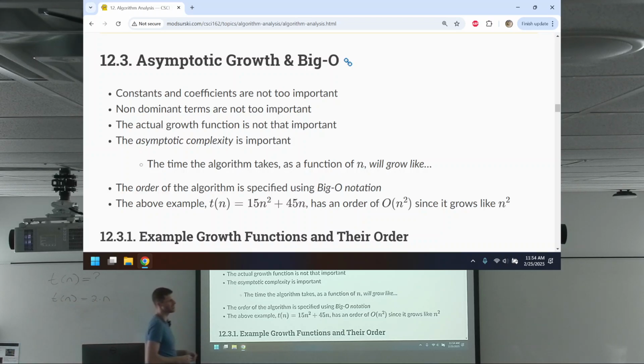Because we don't like overly nuanced functions or expressions, we talk about asymptotic complexity. We want to say our growth function grows like this nice clean function. We have a nice set of growth functions that we usually play around with. There's more, you can get as precise as you want, but often we keep it to these nice simple growth functions, which we call big O.